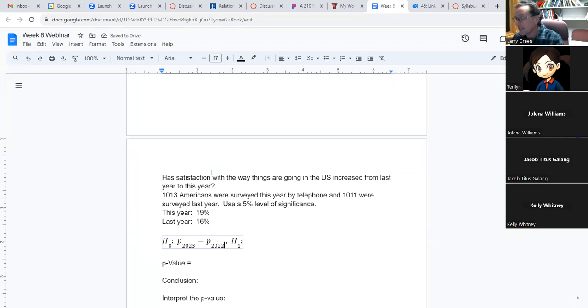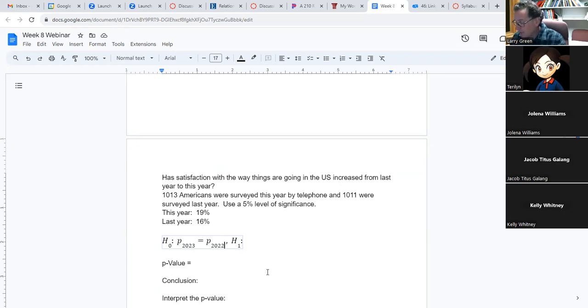Okay, so notice that unlike chapter 9, the right-hand side was a number. Now the left hand and the right hand are both variables. Any questions on this? They're both population proportions, which we don't know. We don't have a number for either.